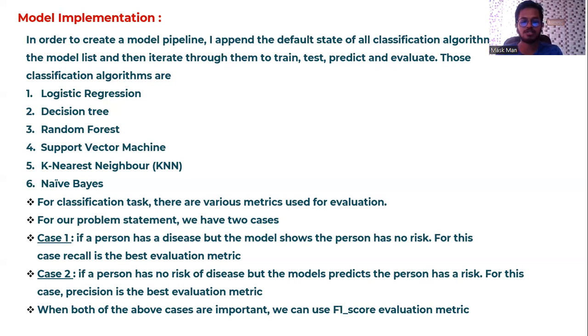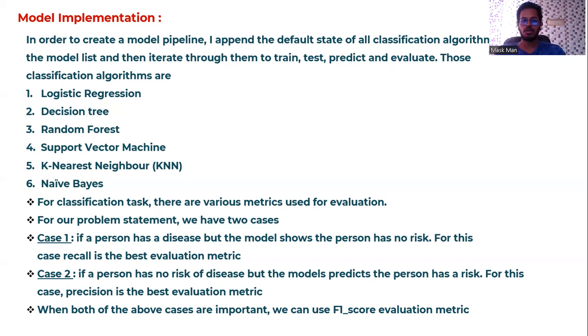And case two is if a person has no risk of disease, but the model predicts the person has a risk of disease. If you want to focus more on this, you want to reduce this, then precision is the best evaluation metric.